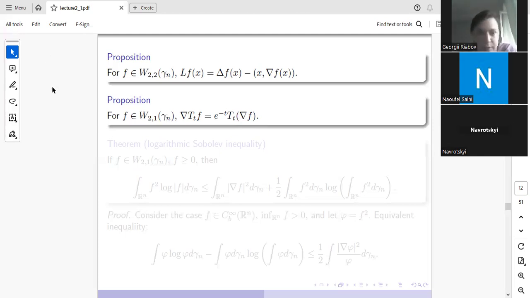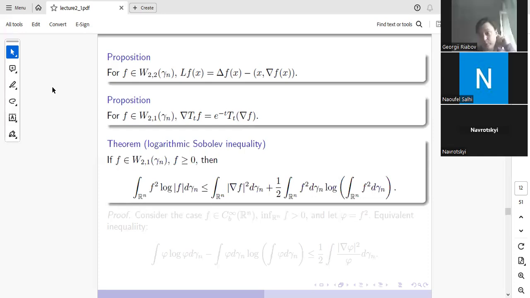So now let's turn to the following property, the logarithmic Sobolev inequality. It states that for every non-negative function from the Sobolev space W^{2,1}, the following inequality holds.